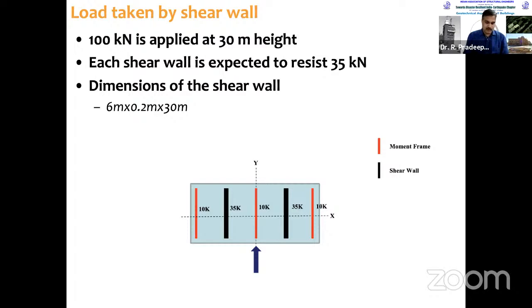But 70 divided by 1.5 is only about 66 kilonewton. That means the extra lateral load will go on to moment frames which are not designed to take that kind of load.